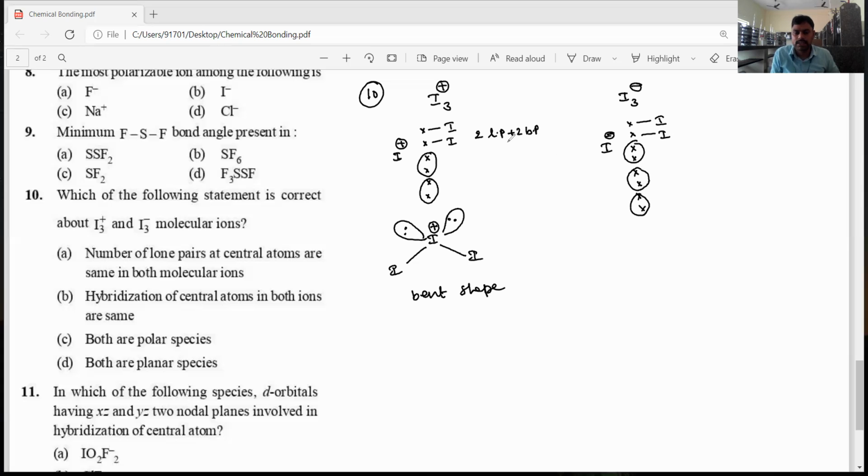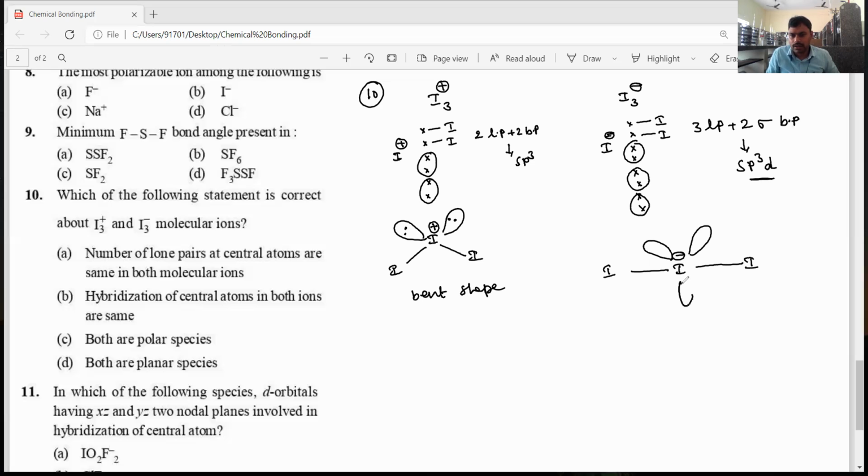So 3 lone pairs plus 2 sigma bond pairs, a total of 5 electron pairs are present. Its hybridization is sp3d, and the lone pairs are in the plane, and the geometry is linear shape.